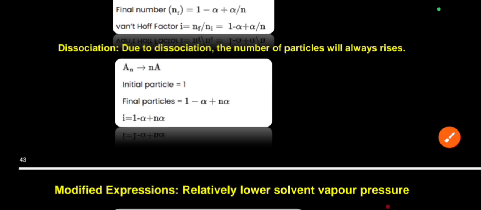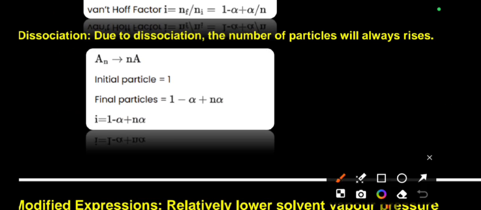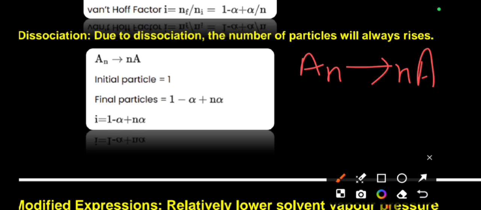Similarly, we can explain dissociation. Suppose you have taken An, but after dissociation it becomes nA. The number of particles will increase. Initially you have taken 1, and at that time A was not present, but after some time it will be 1 minus alpha of An. Alpha has dissociated, and how many molecules are formed? n alpha.